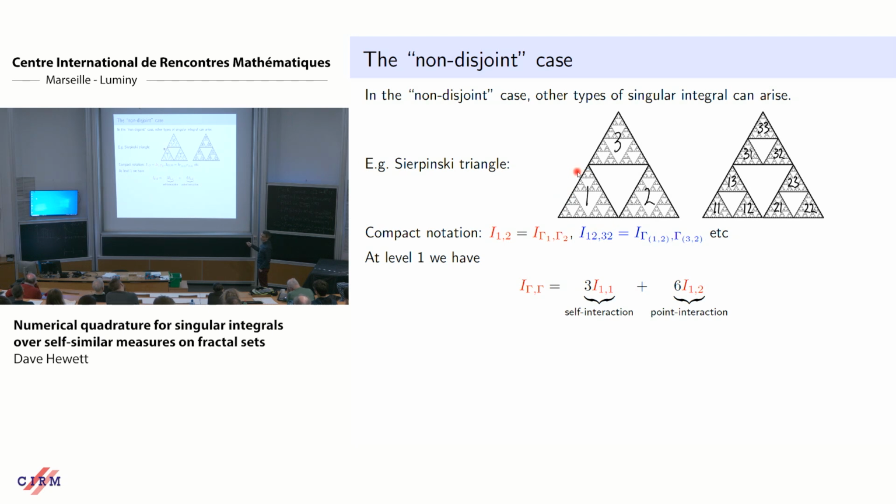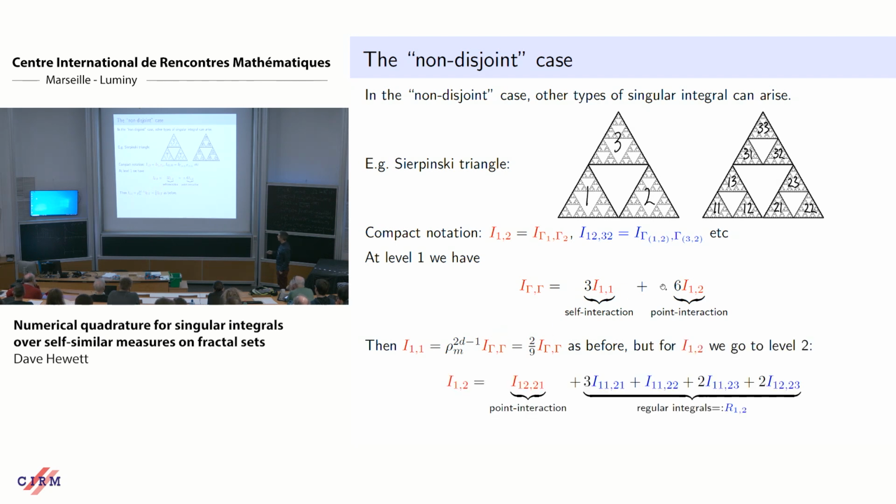That's just by the symmetry of this situation. Plus 6 times this point interaction. Okay, and this number 6 comes from all the interaction of 1 with 2, 2 with 1, 1 with 3, 3 with 1, 2 with 3, and 3 with 2. 6 terms. Okay, but both of these are singular. The first one, the I11, can be written in terms of the original I gamma gamma, just like before.